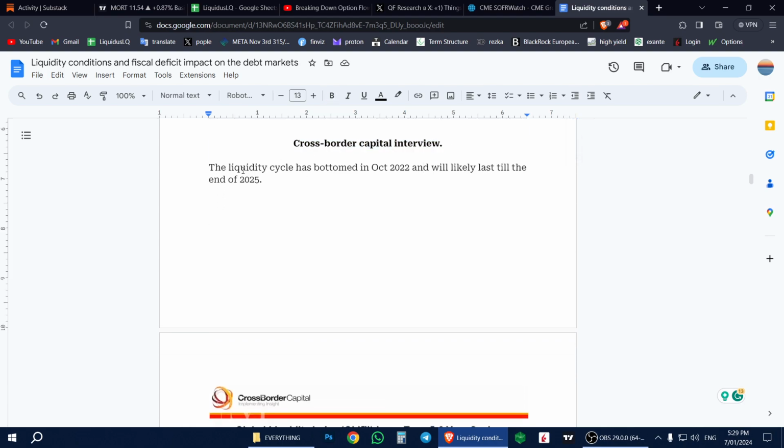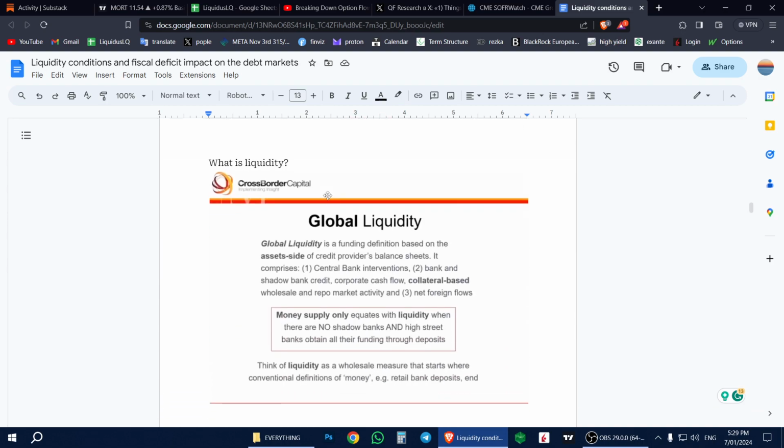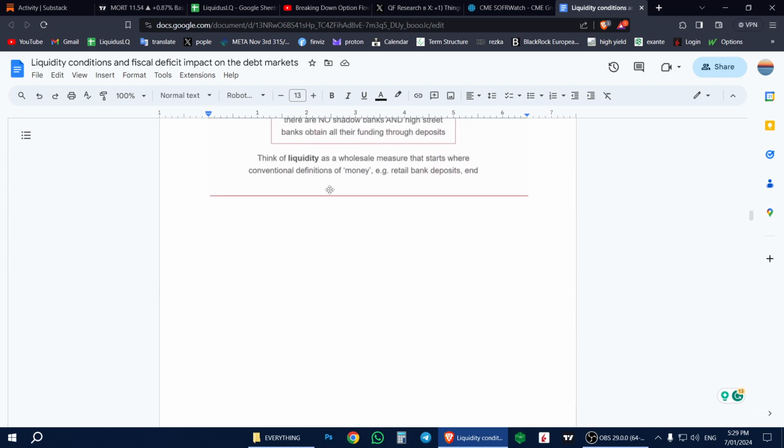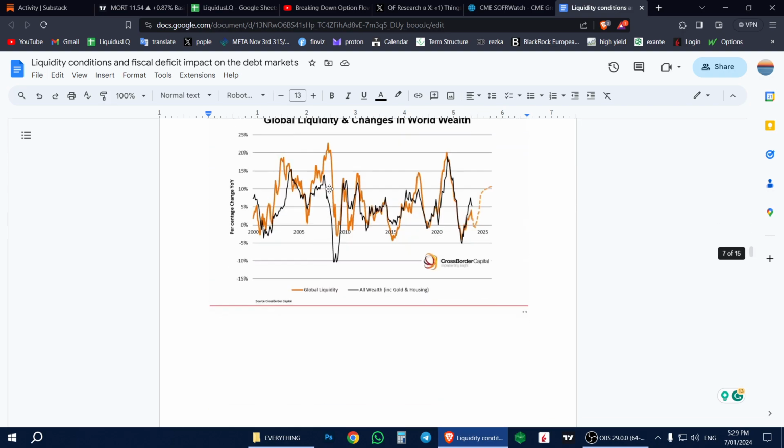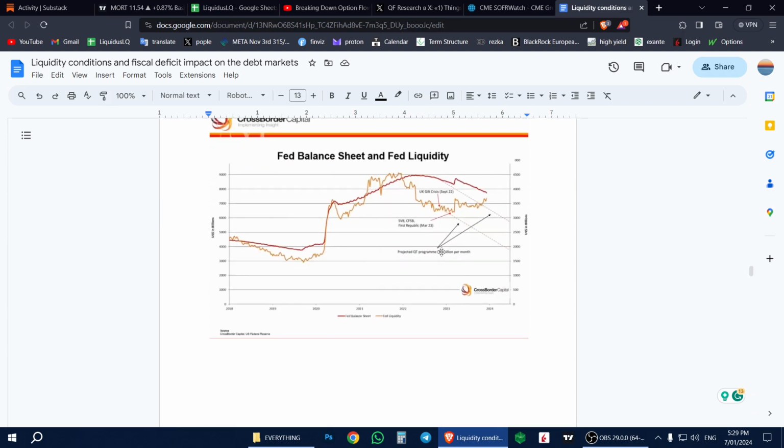Cross-border capital interview: the liquidity cycle bottomed in October 2022 and will likely last until the end of 2025. Global liquidity, these are just points that he's making there. This is a very interesting chart: Fed balance sheet and Fed liquidity. Even though they're draining their balance sheet, it's not at the pace that they wanted in 2022.